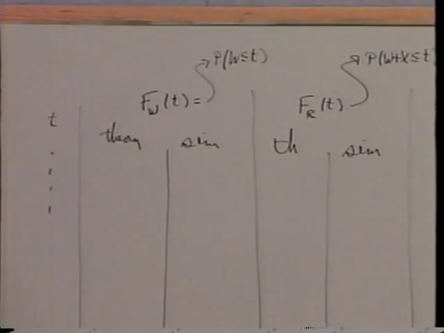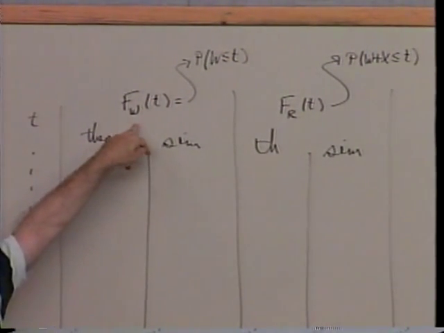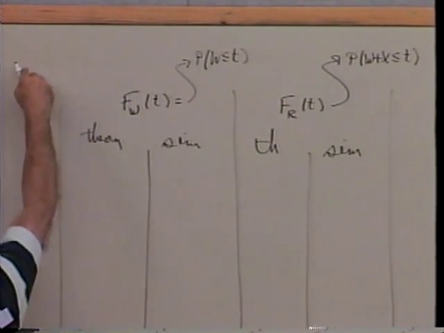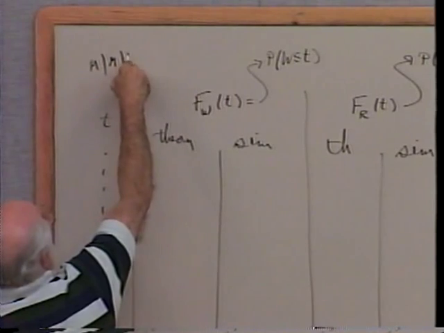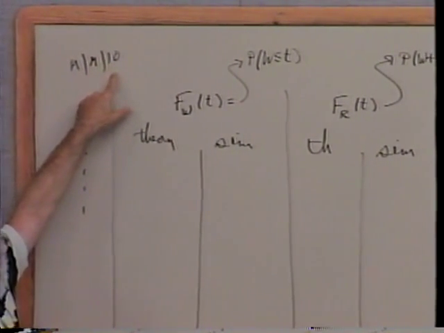Now, for the theory, you have a formula for this. What you have to know is how many servers there are. Well, we said it was M/M/10. So that means it's an Erlang delay model with 10 servers. And we said that the order of service is FIFO.